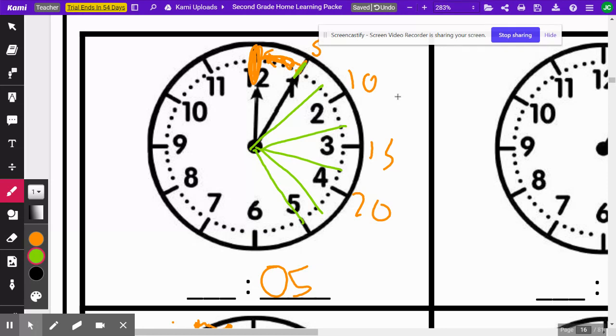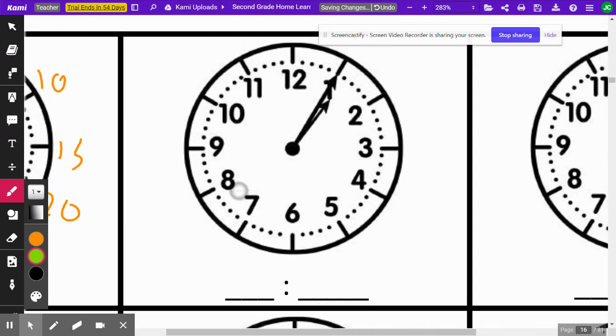And that means it's actually 1. If it was here, it would be 1. Here it'd be 1. Here it'd be 2. As soon as it touches the next number, it is the bigger number. But everything else, it goes back that way. So it is actually 1:05. You could also write 01:05, but usually we don't write the 0. Remember, 0 is the invisible number that's in front of almost every number.